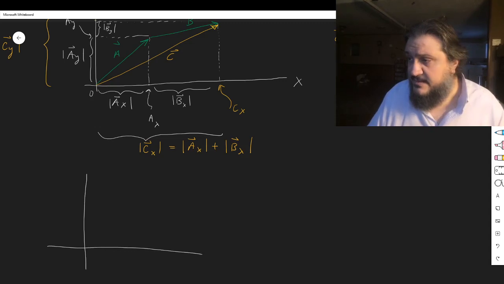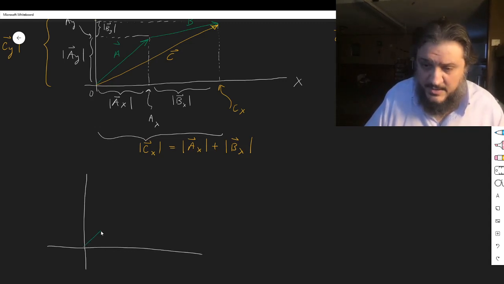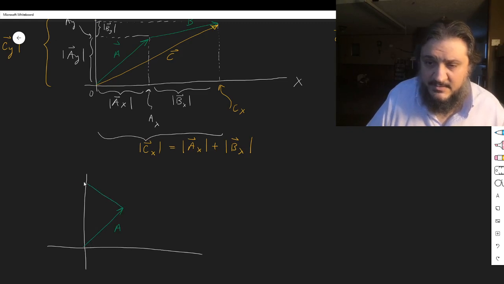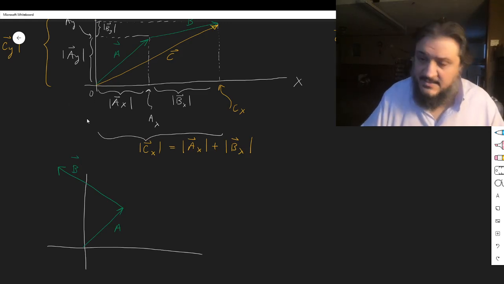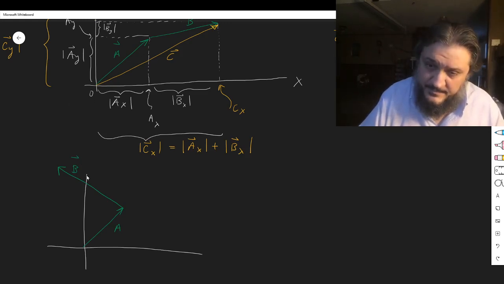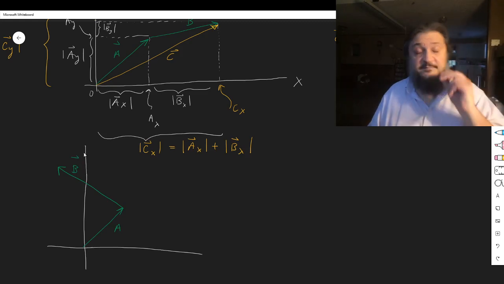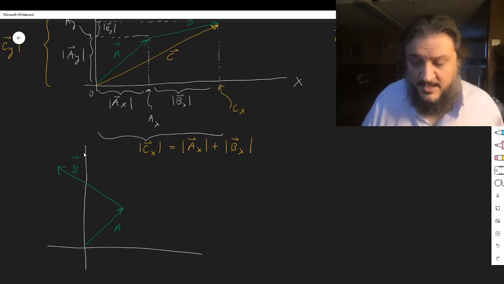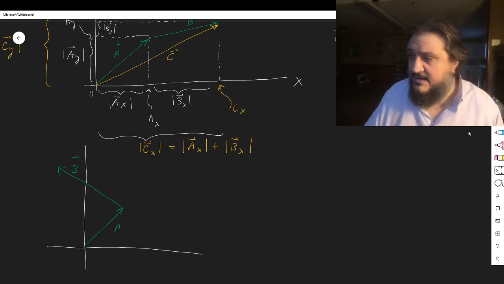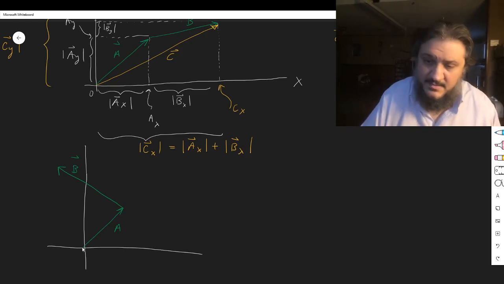Let's say I have the first vector a still pointing this way, but now the second vector, let's say like this. This is your b. Now obviously b has a negative x component, right? So how do I find the components of the resultant vector?